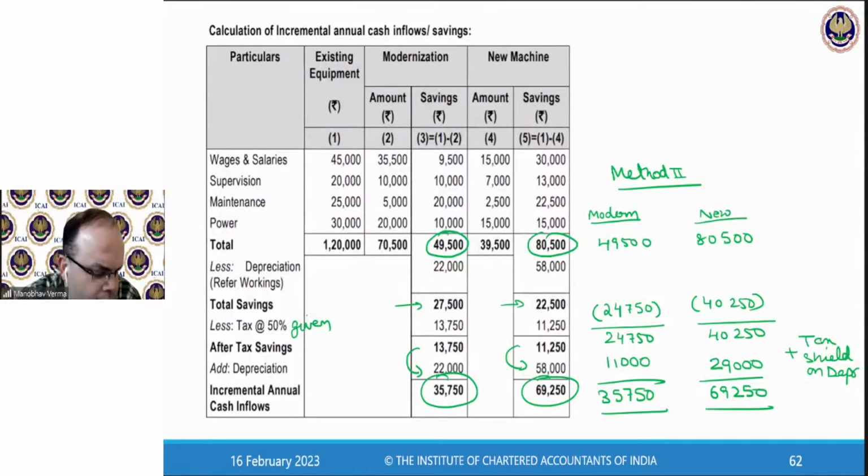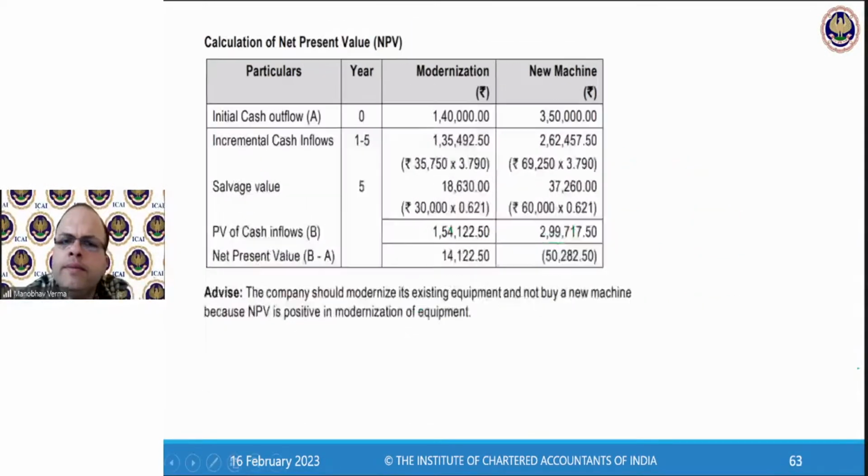And if you're understanding it, then what would be my last step, guys? Probably the last step would be to go for discounting. We talk about discounting these cash flows. 35,750 and 69,250 we discounted.